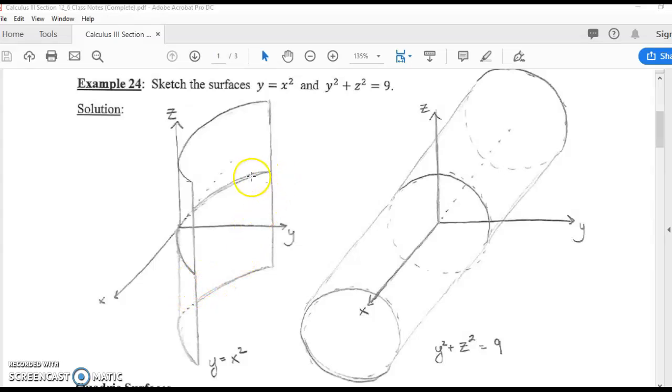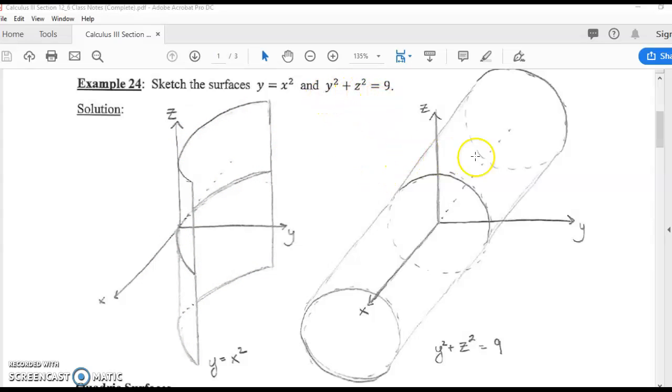So this is what y equals x squared would look like. Then I imagine holding this with my finger and sliding it up and down the z-axis. Now it would go infinitely up and down the z-axis, but what it makes is sort of like a half pipe, if you've ever skied. Hopefully you can visualize that.